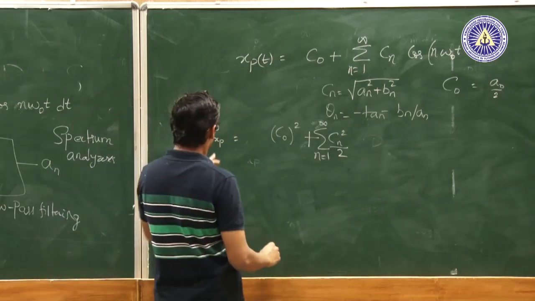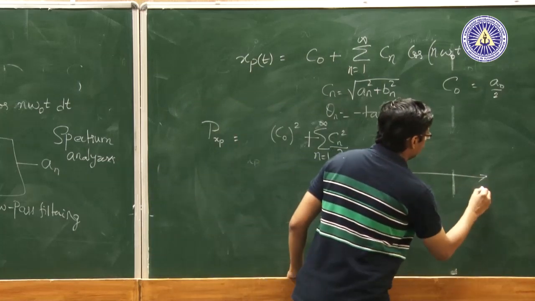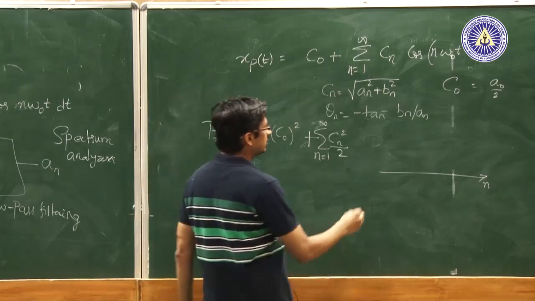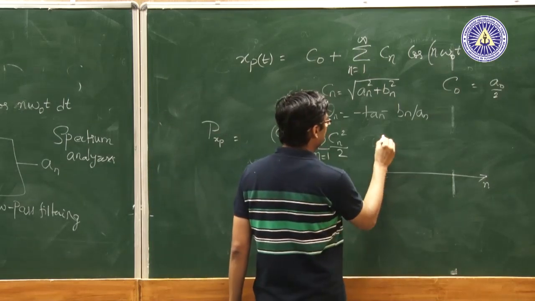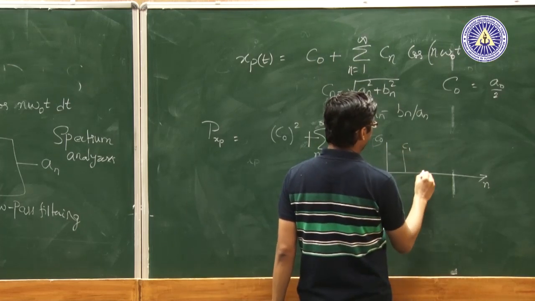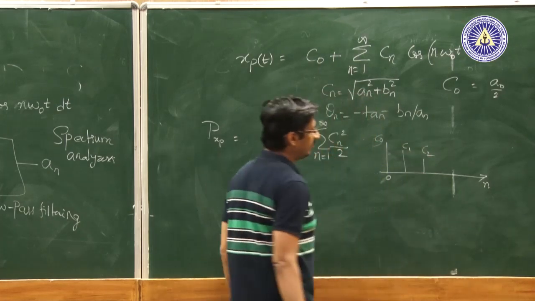Now, in general, you can actually plot these Cn's and C0. So you have n equal to 0, for which the amplitude is C0, and then n equals 1, you have the amplitude of C1, n equals 2, you have the amplitude of C2.